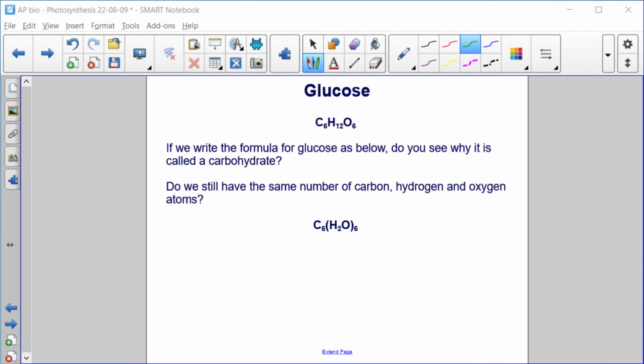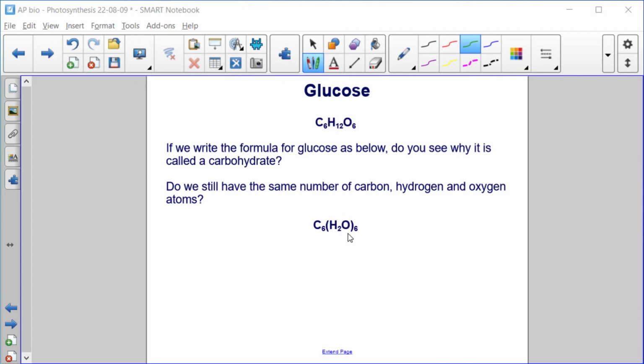Let's take a closer look at glucose and how it's used to store energy. If we write the formula for glucose as below, do you see why it's called a carbohydrate? So if instead of C6H12O6, we write it as C6 and then 6 H2O molecules, water, right?